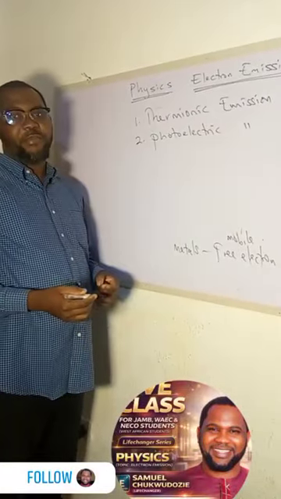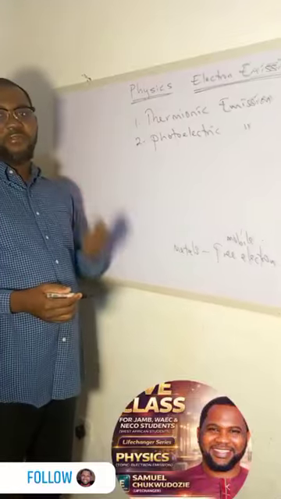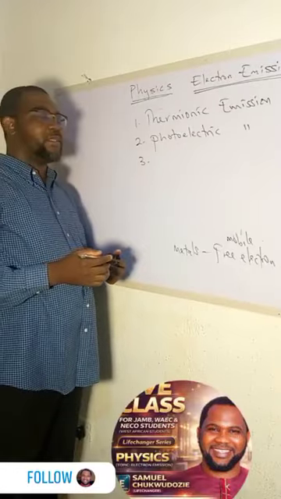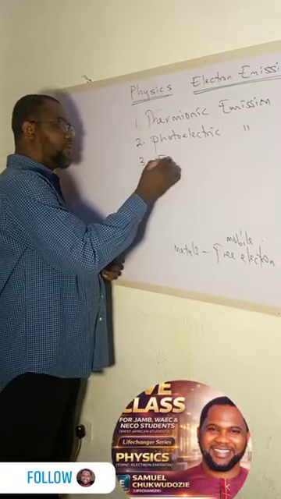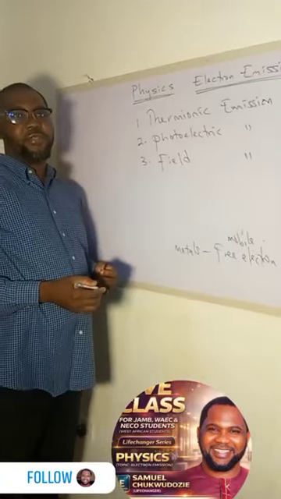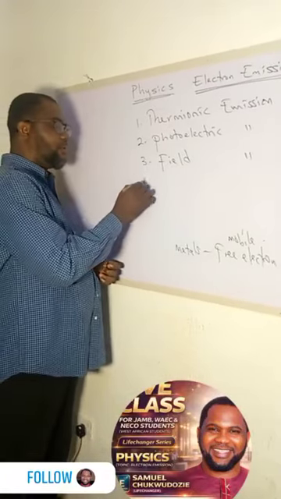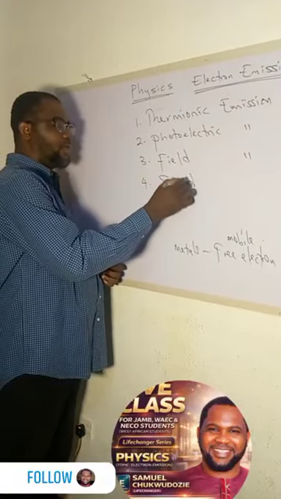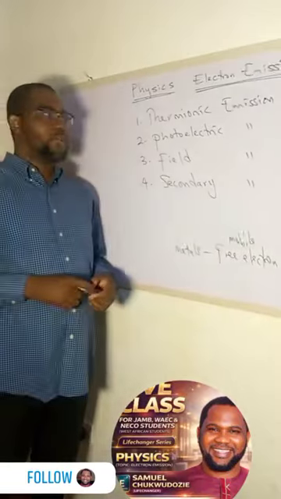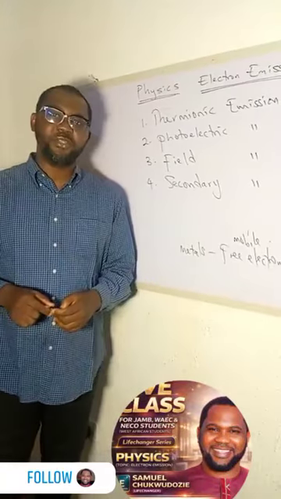The third type of emission from the surface of a metal is called field emission. And the fourth type is called secondary emission. So these are the 4 kinds of emission.